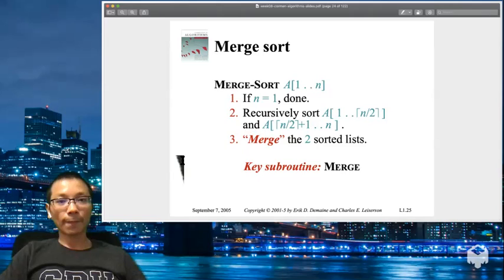When that is the case, we're going to recursively sort the first half and the second half. We split this array in the middle. Now remember, these are natural numbers. If you have an odd number of elements, say 3 elements, you divide it into 1 element and 2 elements. If you have 4 elements in total, you divide 2 and 2. That's why we're using the ceiling here, just to make sure it comes down to an integer.